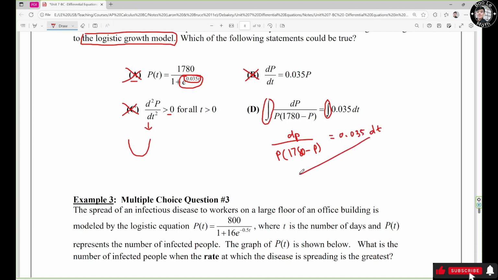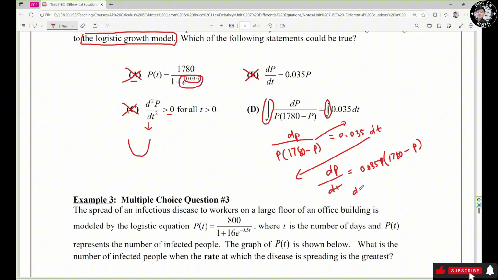I'm going to bring dt down and this one up over here. So it's going to be dp over dt equals 0.035 times p times 1780 minus p, right? Alright, I'm going to factor 1780 out.